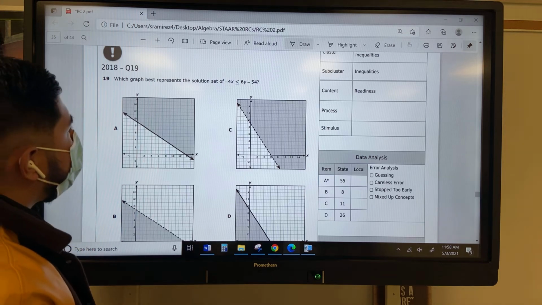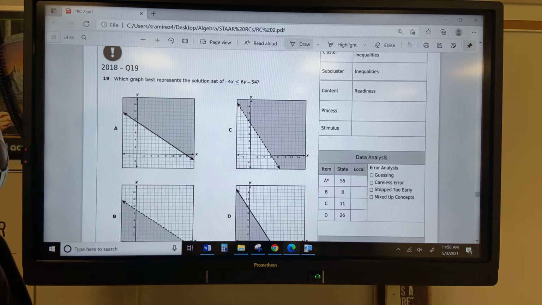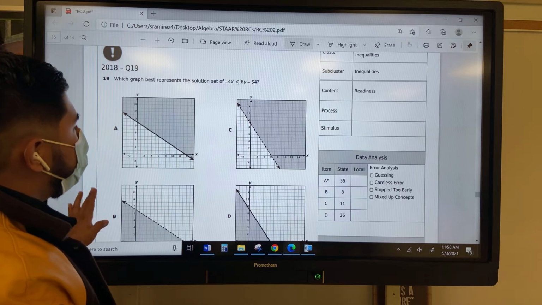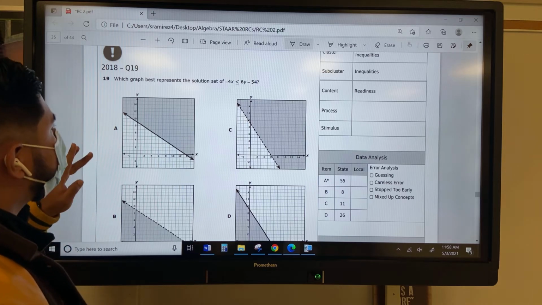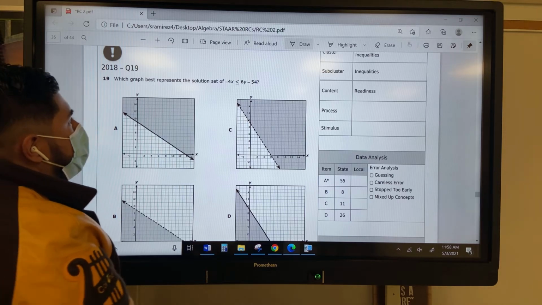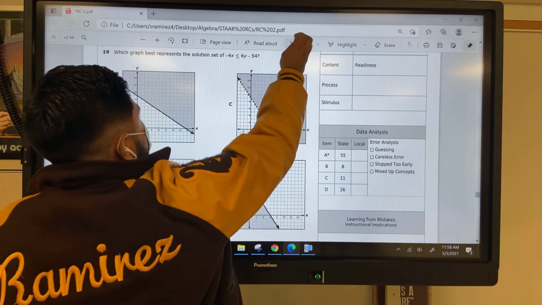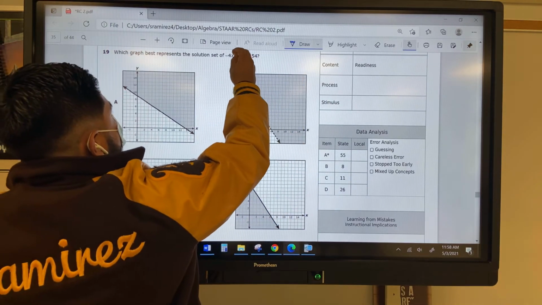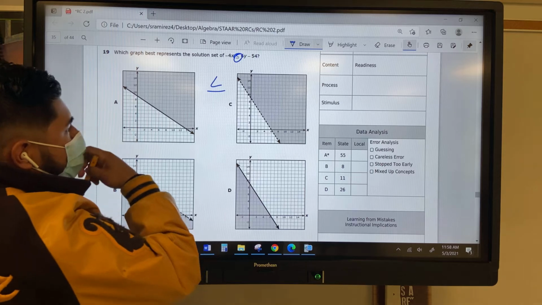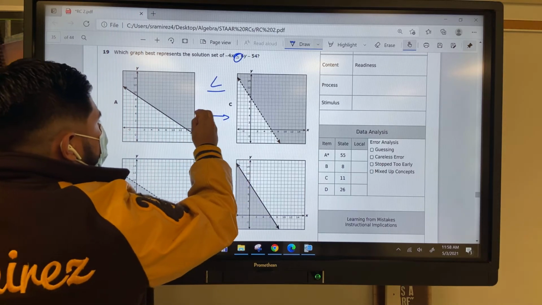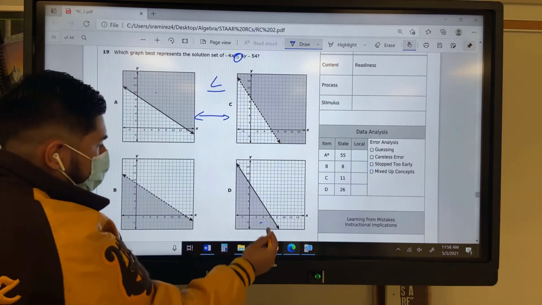Dang, another one. Okay. You do have to graph this. This one's hard, but check out the symbol. Less than or equal to, that means it's a solid line, which is this one and this one.